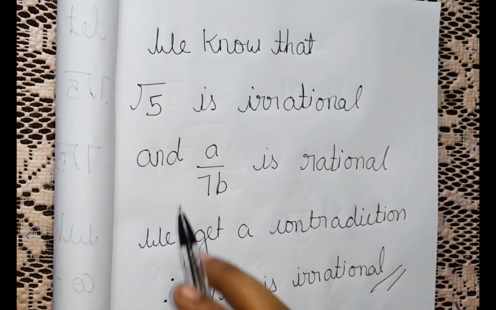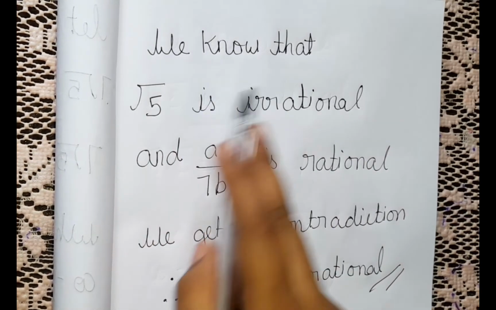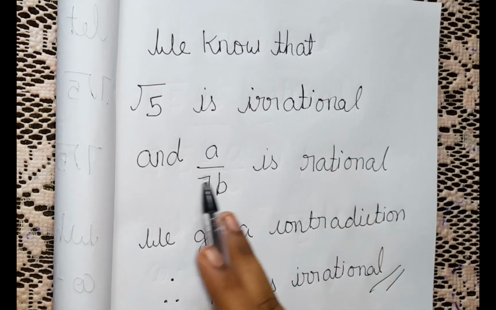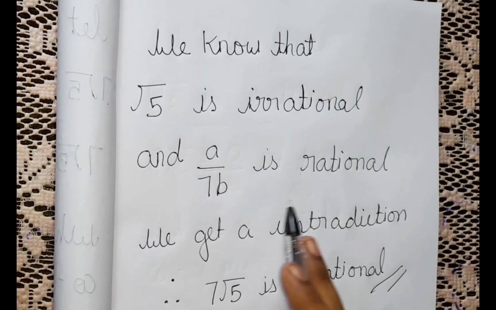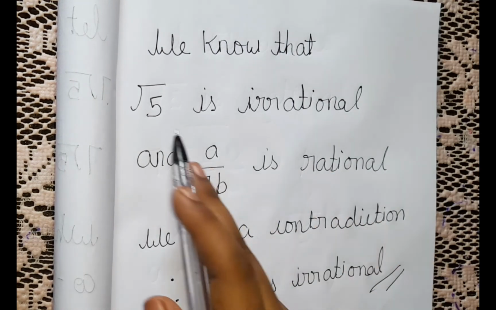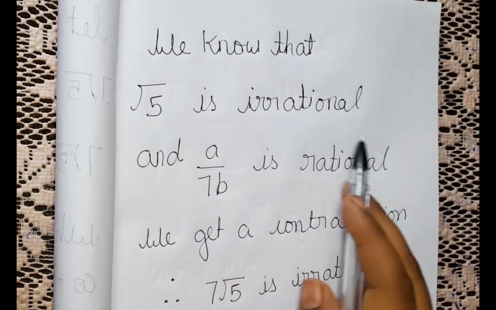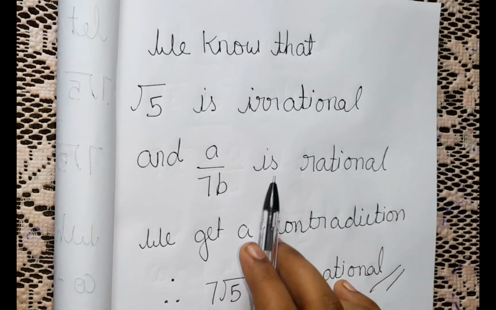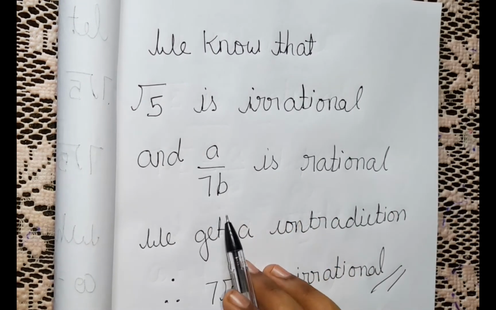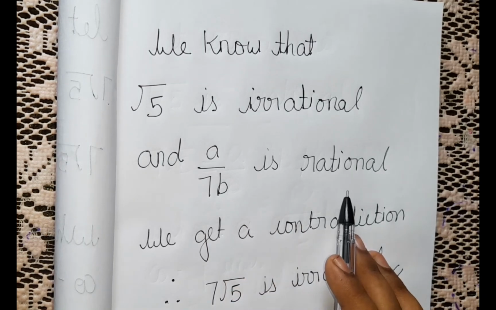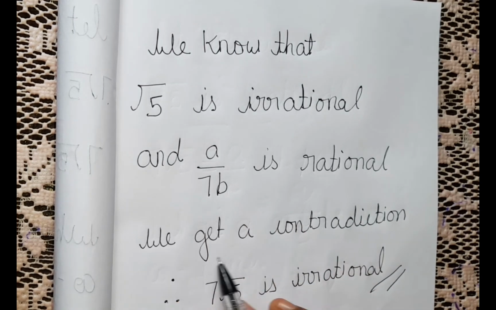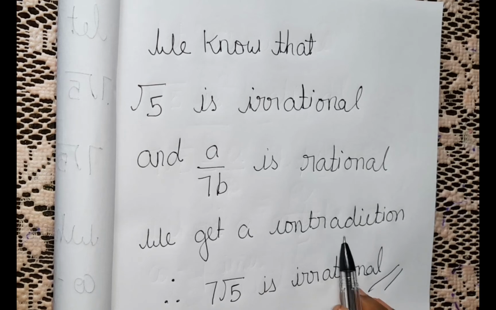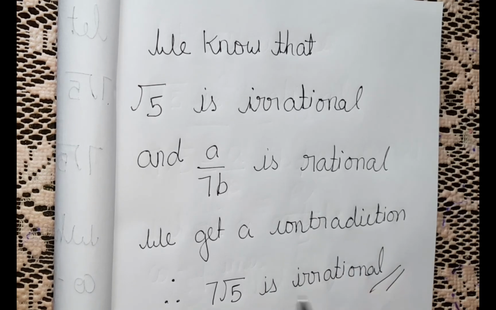Now let's write that. We know that root 5 is irrational and a by 7b is rational. Then after that we get a contradiction. So after contradiction it is irrational.